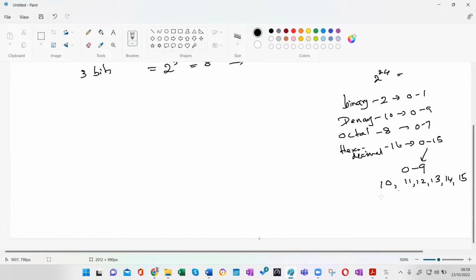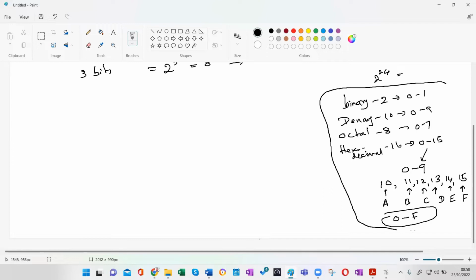So to represent these numbers, we use alphabetical letters: A, B, C, D, E, and F. So in hexadecimal, we have numbers from 0 to F. And remember, F is 15. Is that clear? Yes, sir.